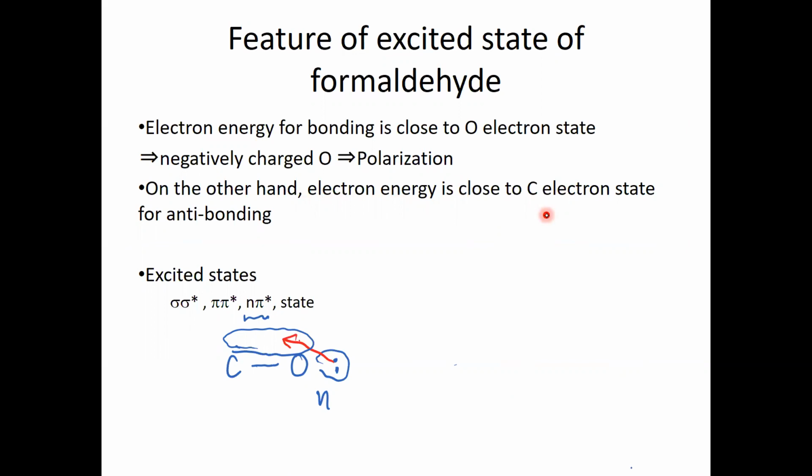So when photoexcitation occurs, the character of the electron orbital, the electron feature, is quite different, the opposite. In the ground state, the electrons are originally similar to the oxygen side, but once excited, it's similar to the original carbon orbital.